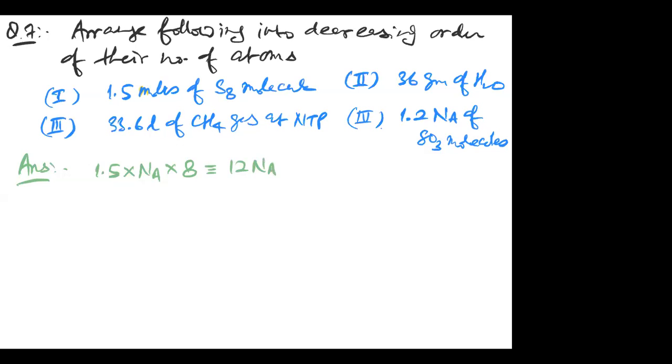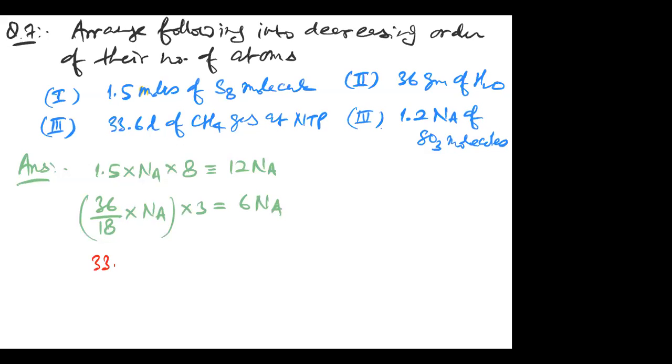Second part is 36 gram of water, so 36 divided by 18 Na is the number of water molecules, and every water molecule consists of 3 atoms. It is 2 into 3, which comes out to be 6 Na.